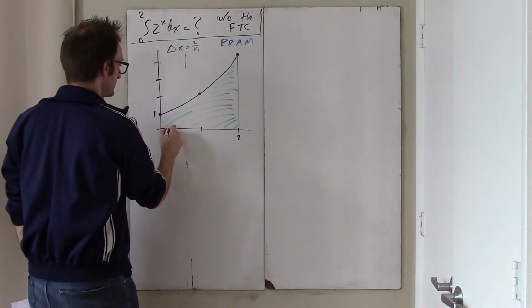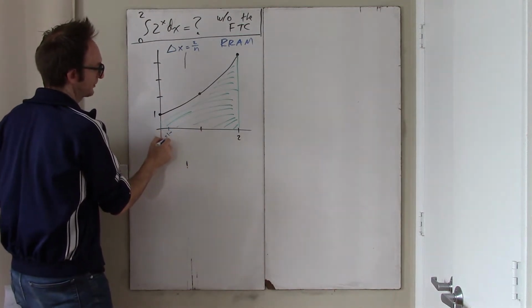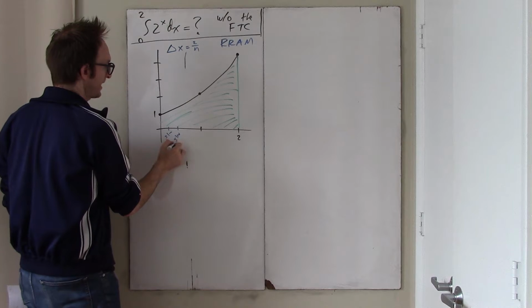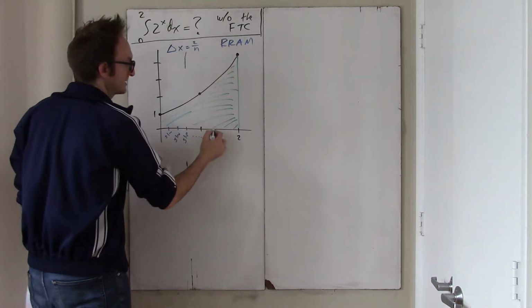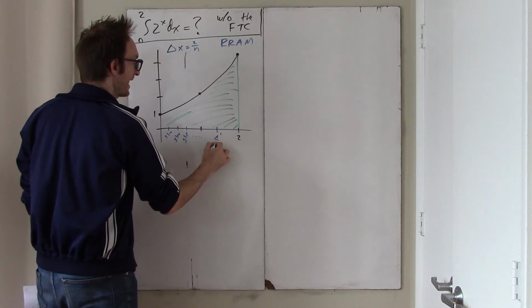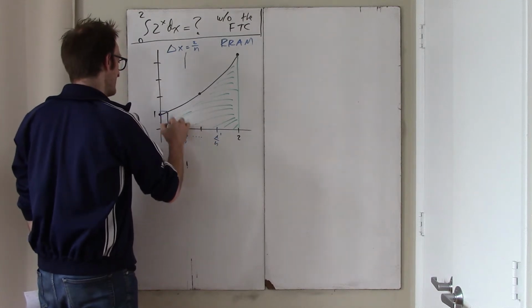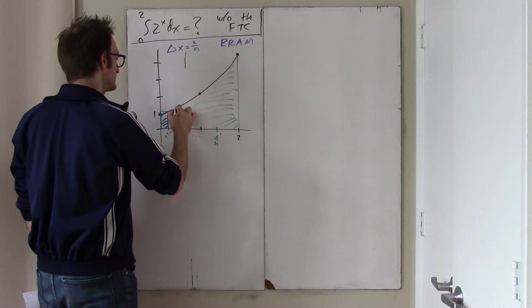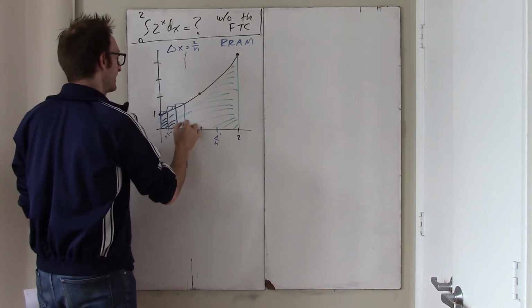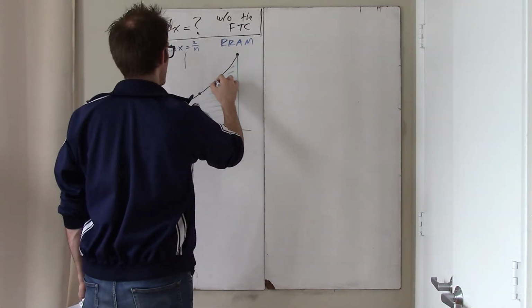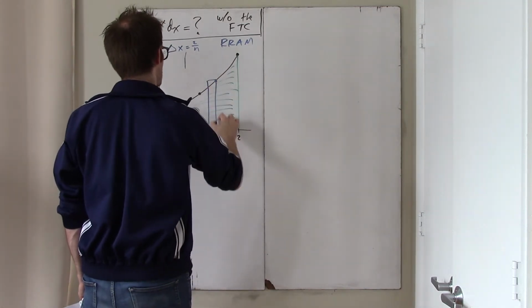And so you get 1 over n, 2 over n, 3 over n, etc. Skipping ahead to i over n, which will be the right endpoint of the ith subinterval.